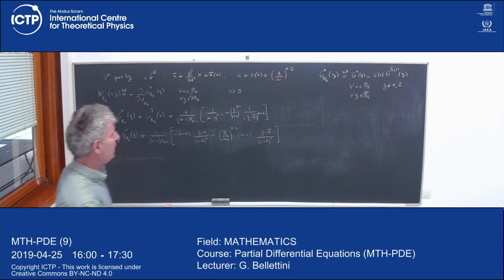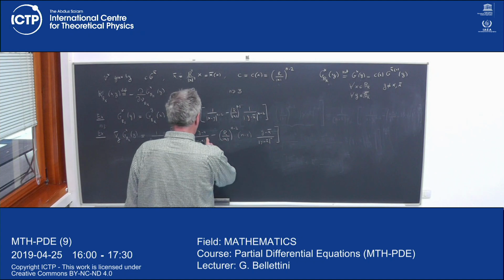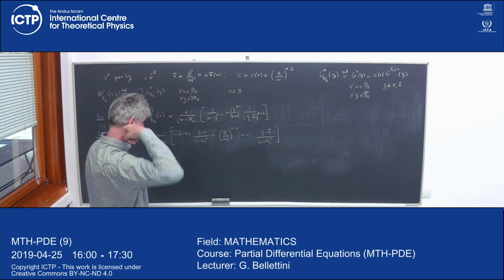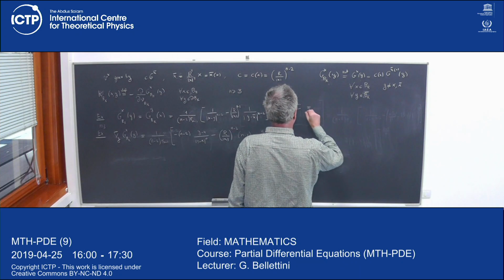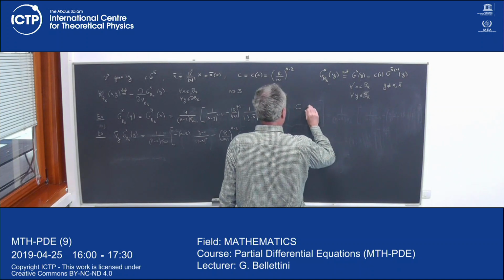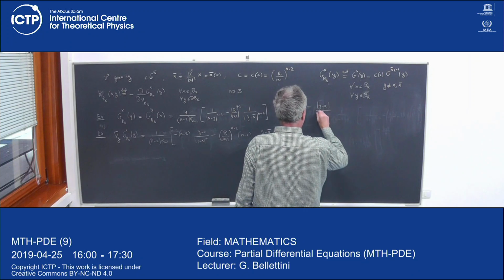So now we have a relation between y minus x bar and y minus x, the norm, no? Because I think c is equal to the quotient, right?